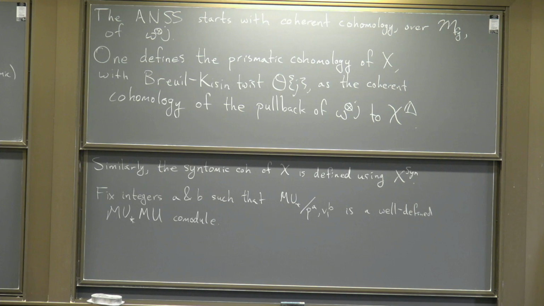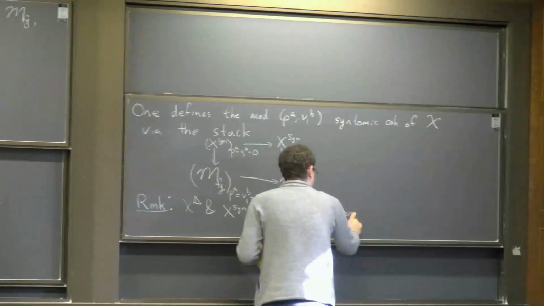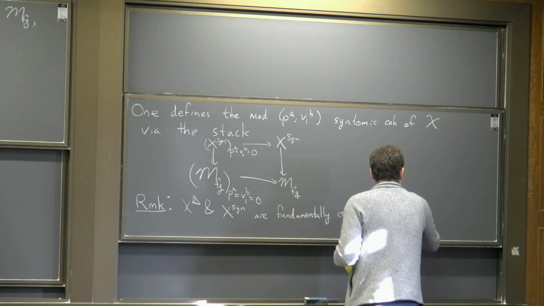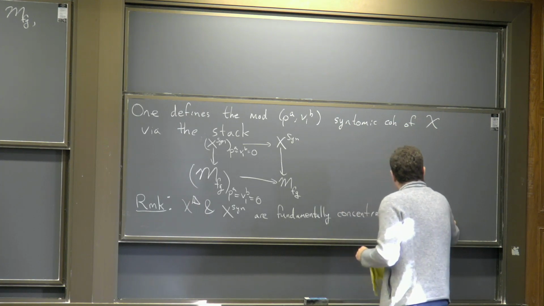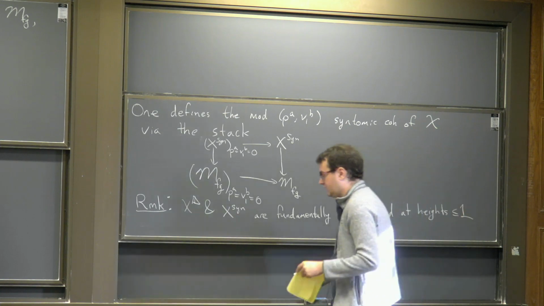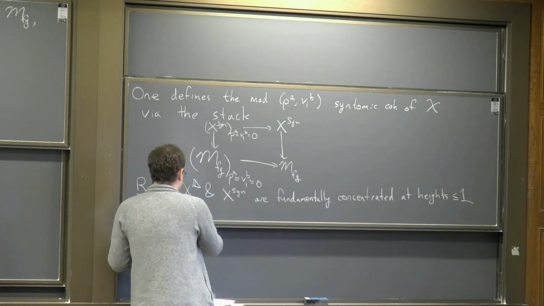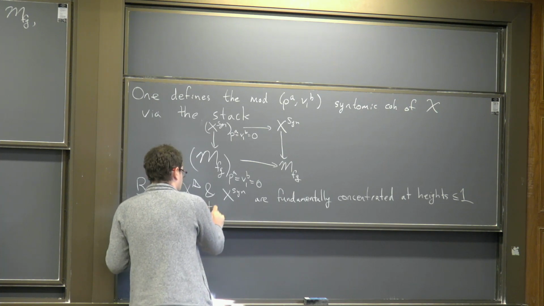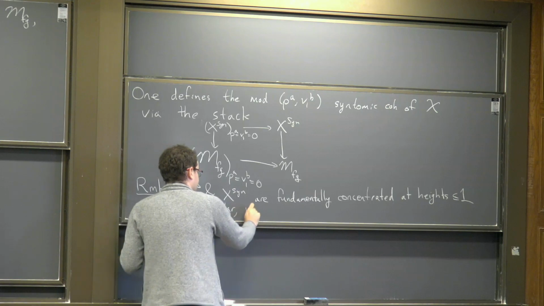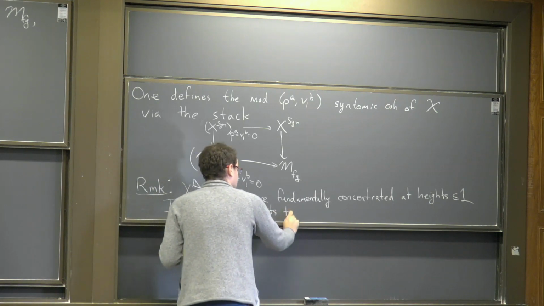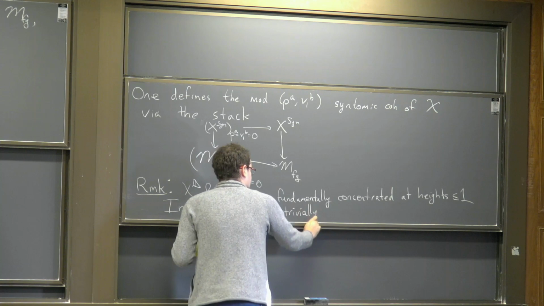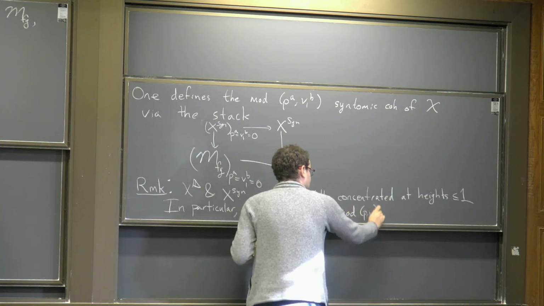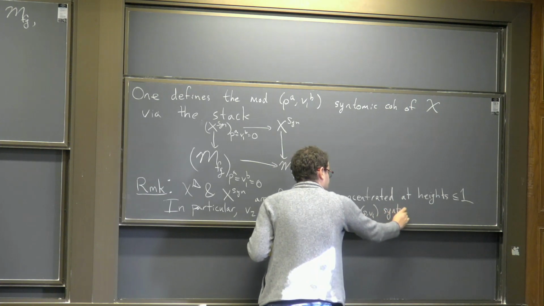They're fundamentally concentrated at heights at most 1. And one way of making sense of that is just to say that, in particular, v2 acts trivially on mod p, v1 syntomic cohomology.